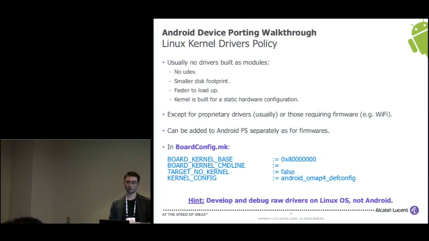So everything is built as a static configuration, and you just avoid having modules. It's also faster to load because you do not have modules, and the footprint is smaller. Also, Android doesn't support udev, so having everything built in within the kernel is a good idea because everything is much easier this way.